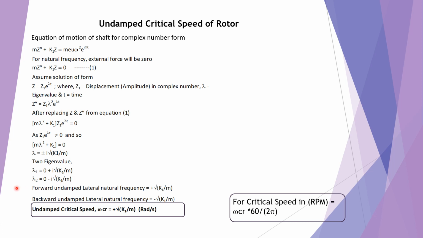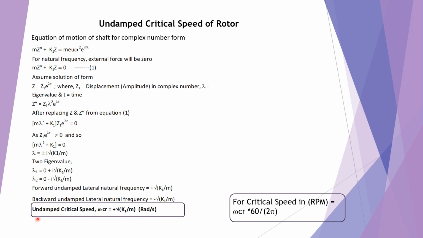Similarly, lambda 2 is equal to 0 minus i square root of k1 upon m. So we have two eigenvalues. So forward undamped lateral natural frequency is plus square root of k1 upon m, and backward undamped lateral natural frequency is equal to minus square root of k1 upon m.